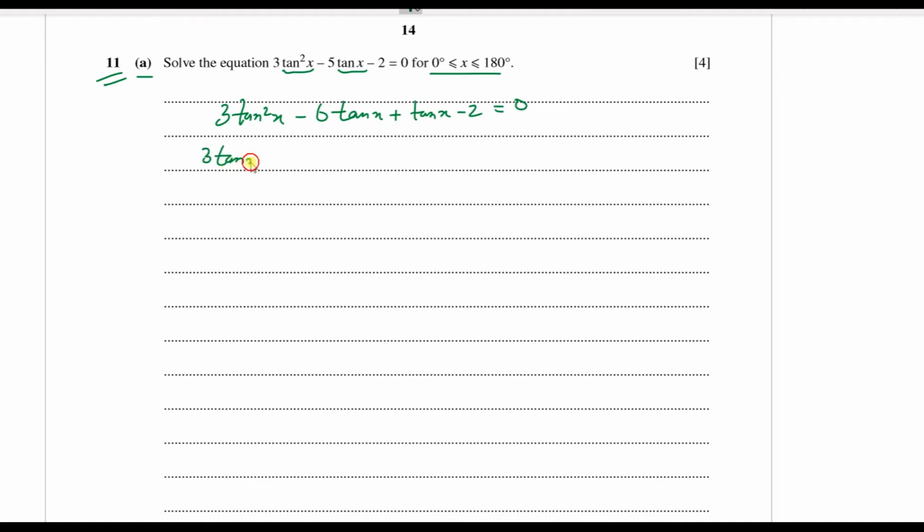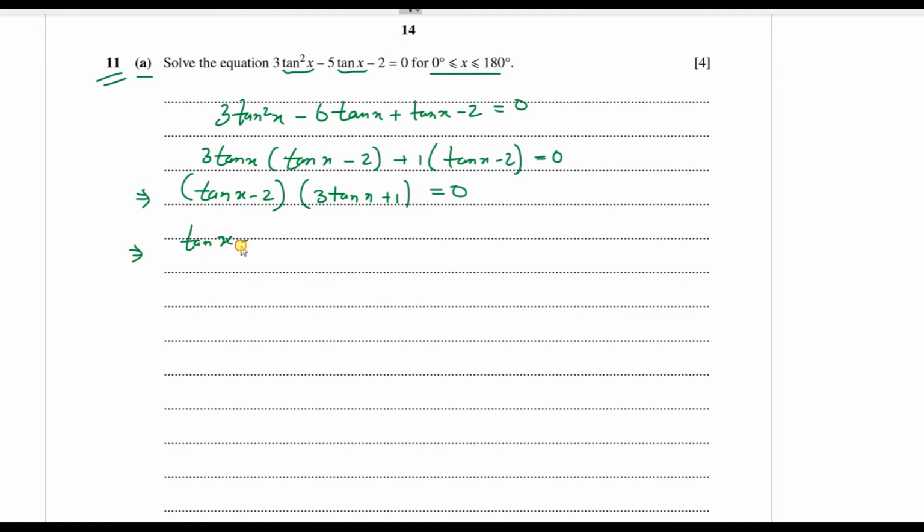It is tan x minus 2, plus 1 common, and tan x minus 2 is equal to 0. So from here we can write it as (tan x minus 2)(3 tan x plus 1) is equal to 0, which will give you two values of tan x: 2 or minus 1 over 3.